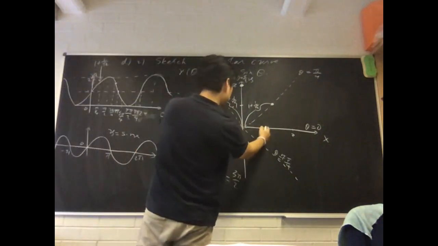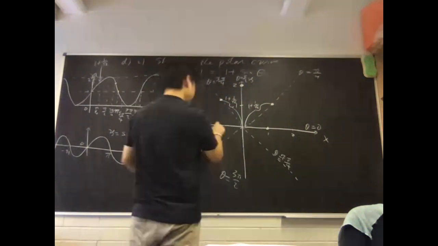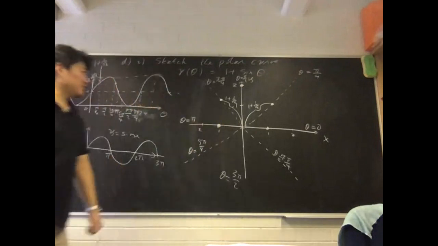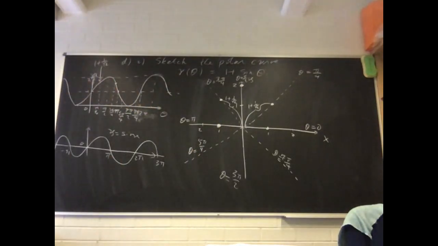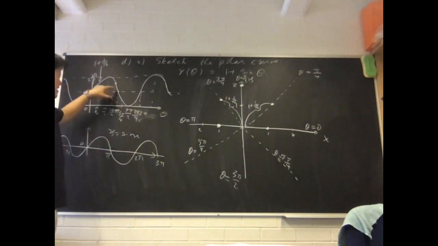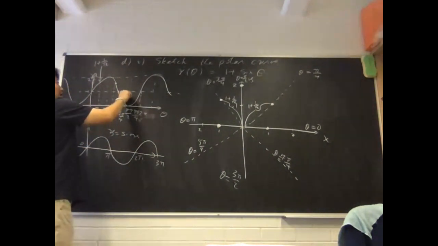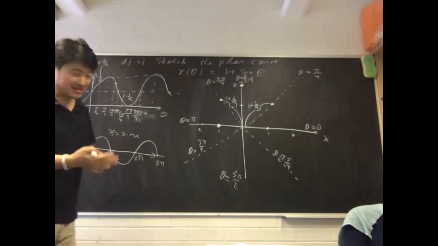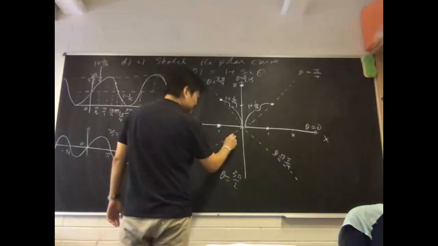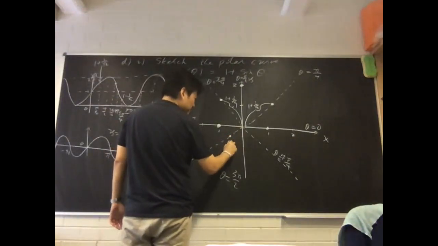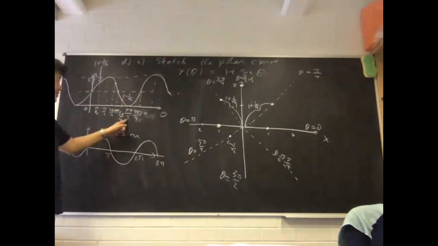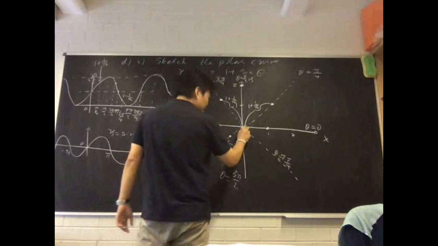All right, so let me just make sure this looks more or less as it should be. At 5 pi over 4, I'm below 1 now. This is 1 minus 1 over square root of 2. So that's clearly less than 1. So that's going to be here somewhere. And at 3 pi over 2, I'm actually at the origin now.